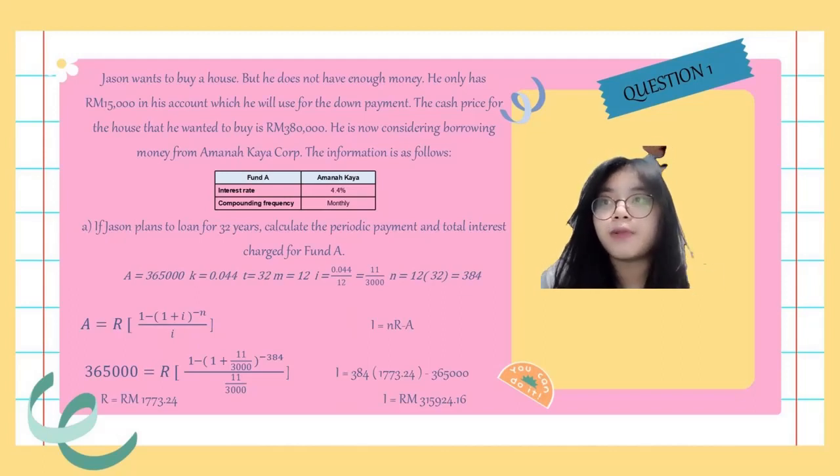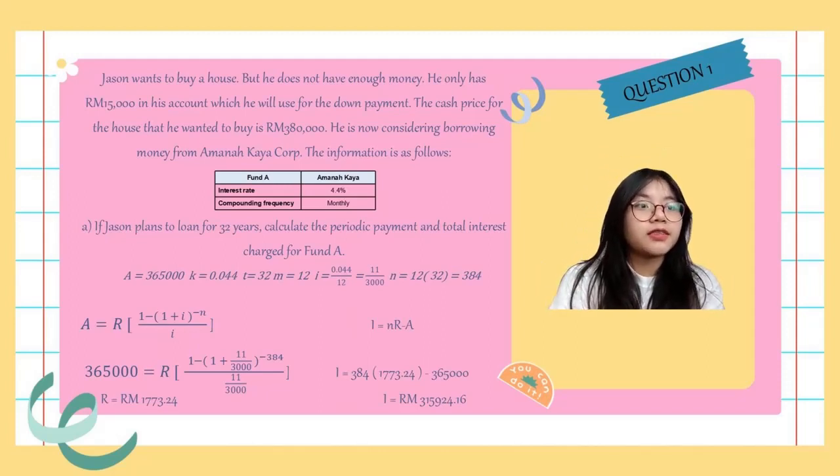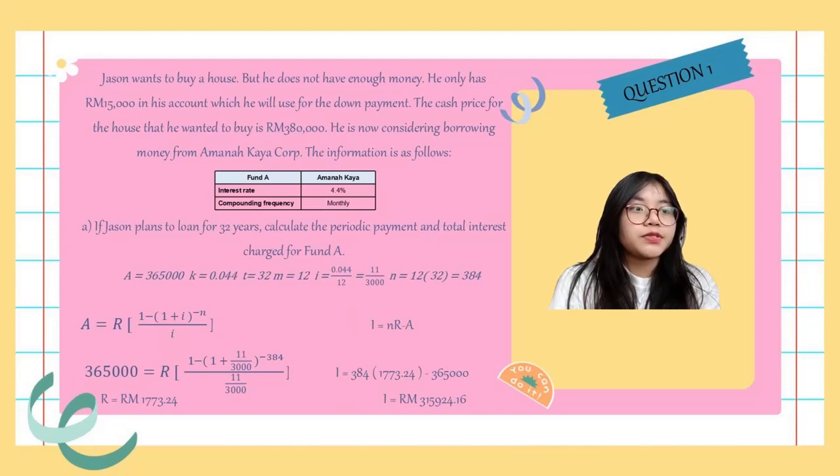A. If Jason planned to loan for 32 years, calculate the periodic payment and total interest charge for Fund A. The formula that will be used for this question is A equals R (1 minus (1 plus i) to the power of negative n) over i.